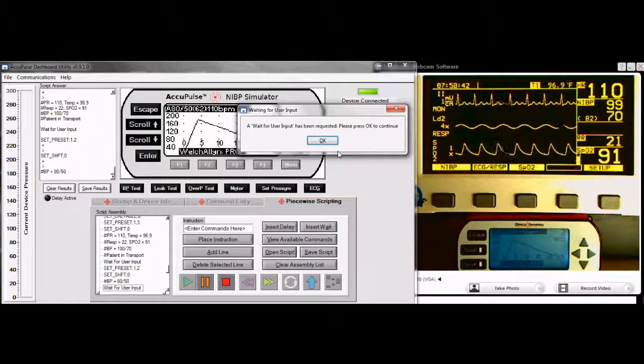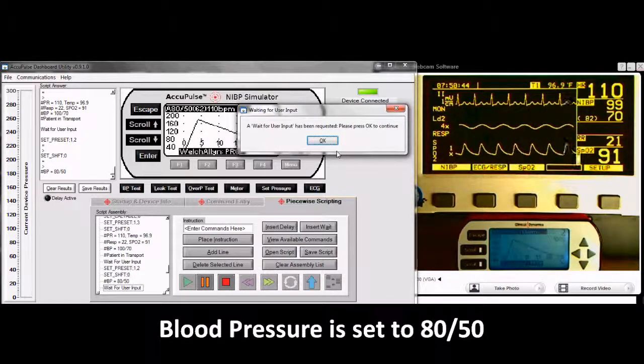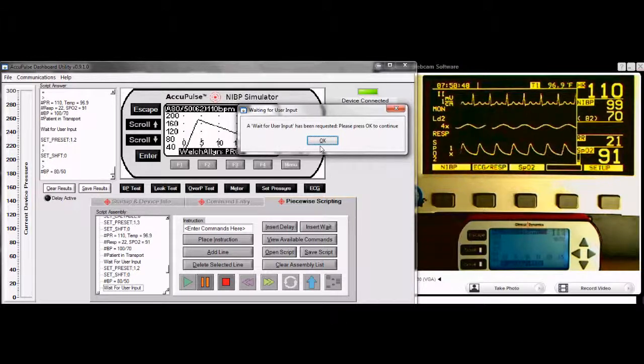Repeat blood pressure is performed and the blood pressure drops further to 80/50 millimeters of mercury. At this point, treatments are instituted.